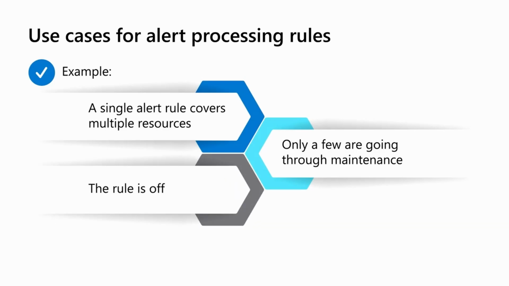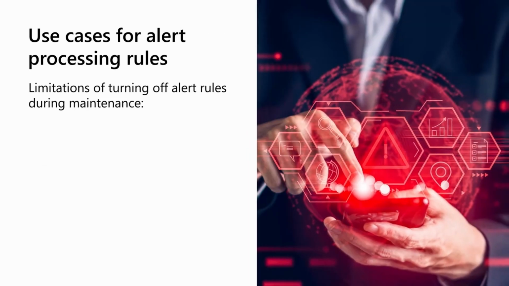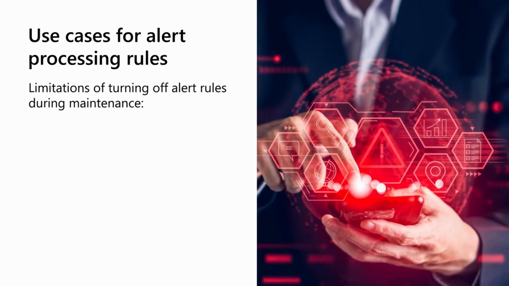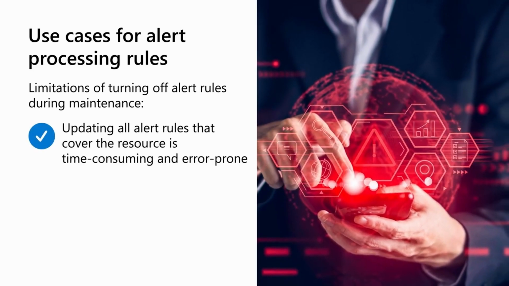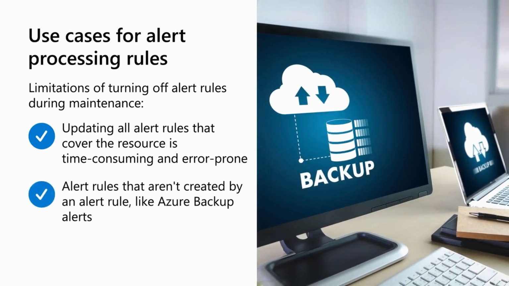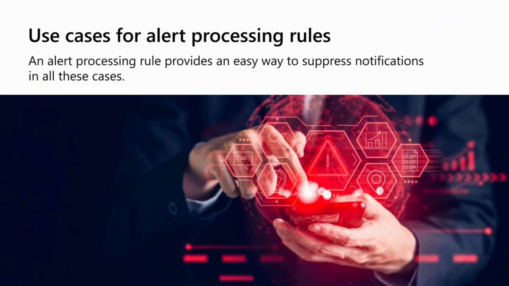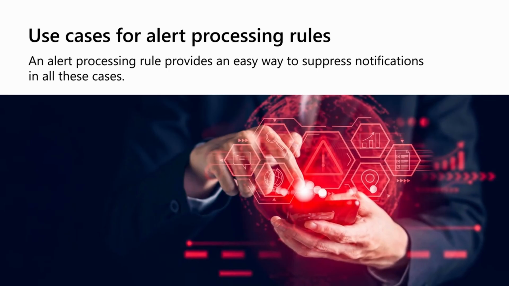So if you turn off the alert rule, you won't be alerted when the remaining resources covered by that rule run into issues. You might have many alert rules that cover the resource. Updating all of them is time-consuming and error-prone. You might have some alerts not created by an alert rule, like Azure Backup Alerts. An alert processing rule provides an easy way to suppress notifications in all these cases.